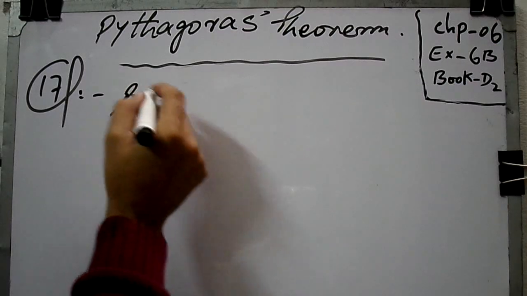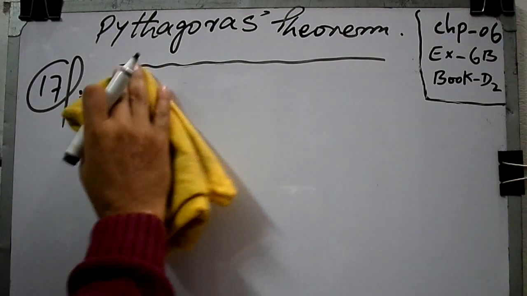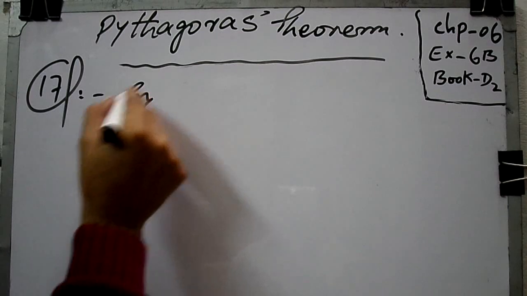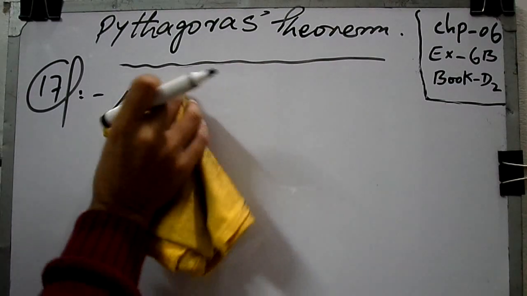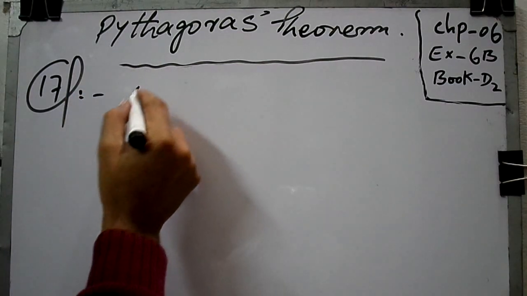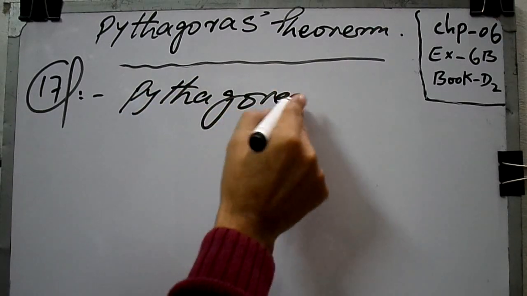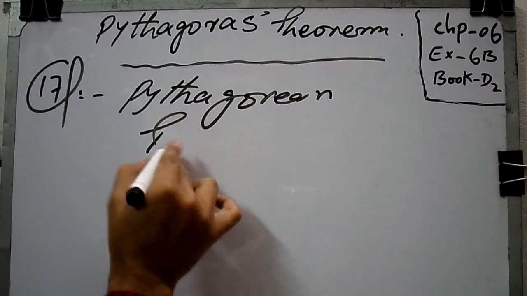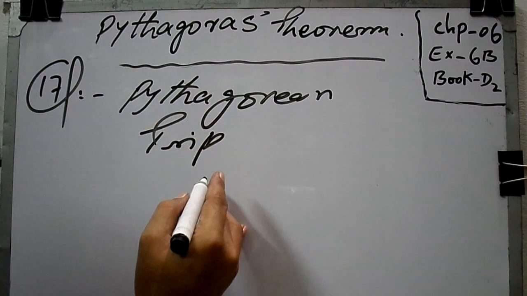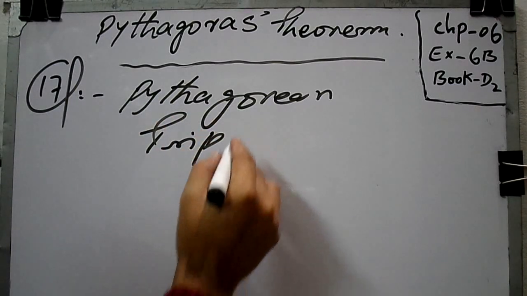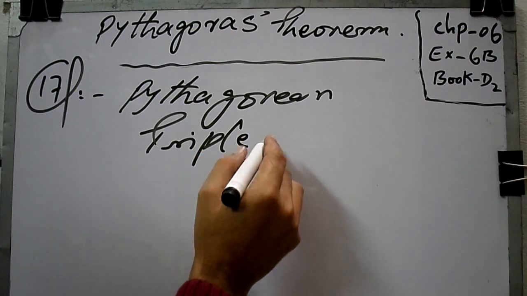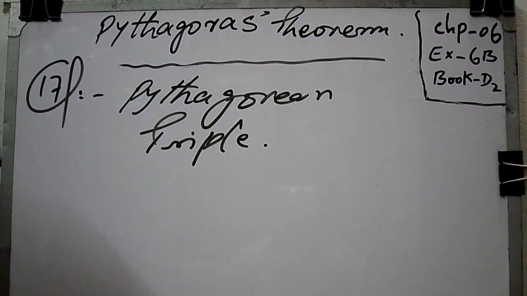Pythagorean triple. This is a very important thing, the Pythagorean theorem you have to write. So Pythagorean triples you have to find.